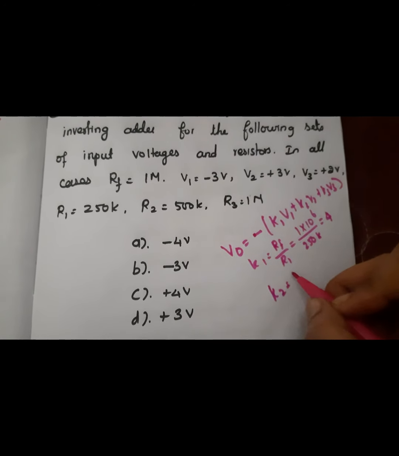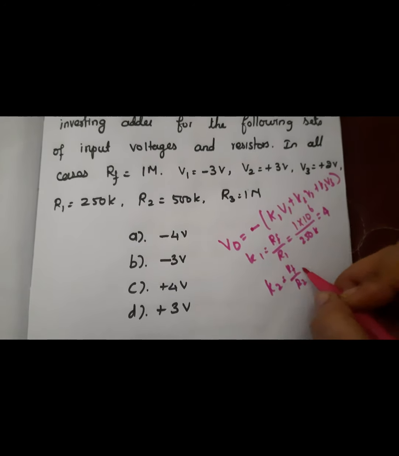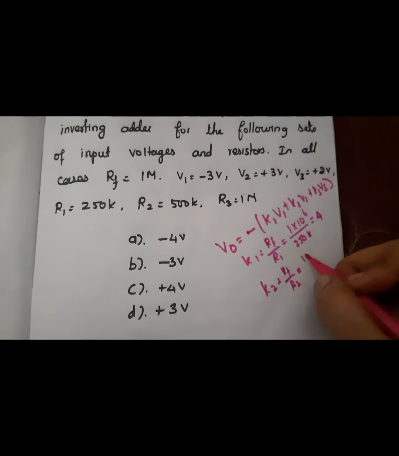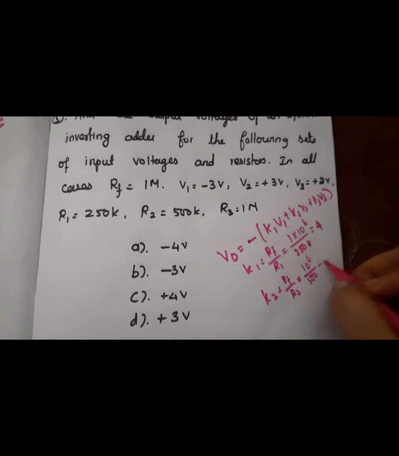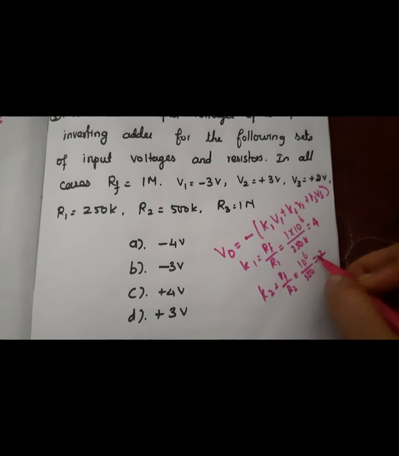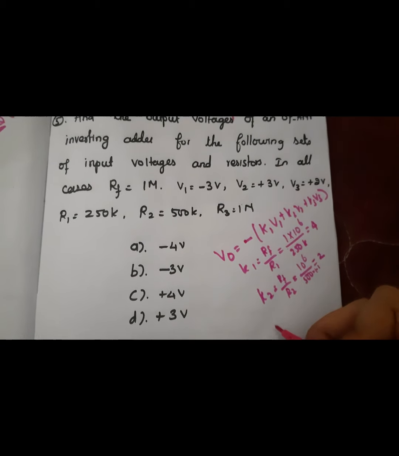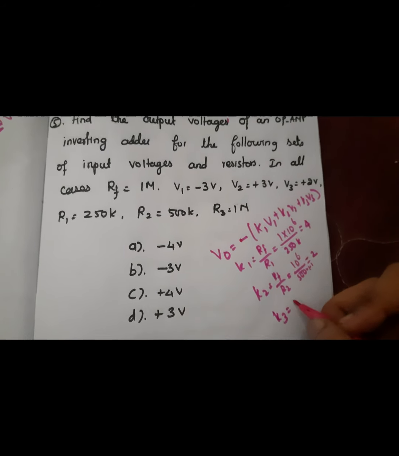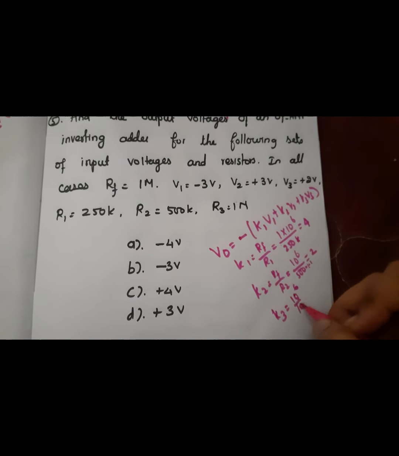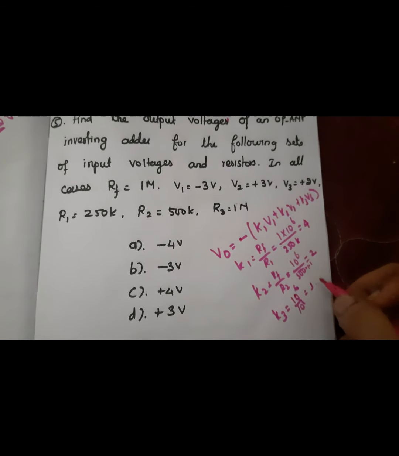Similarly, K2 is equal to RF divided by R2. That is 10 to the power 6 divided by R2, which is 500 K. So the answer is 2. Similarly, K3 is equal to 1 mega ohm, 10 to the power 6 divided by 10 to the power 6. So that value is 1.